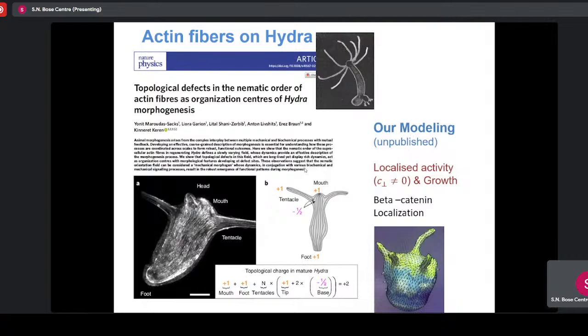So it is not really just a defect-driven thing as they try to project, and in terms of actin, these actins are very long fibers here. They are not really small rod-like ones.